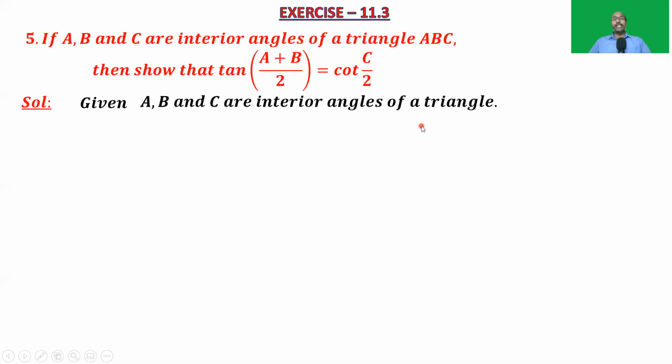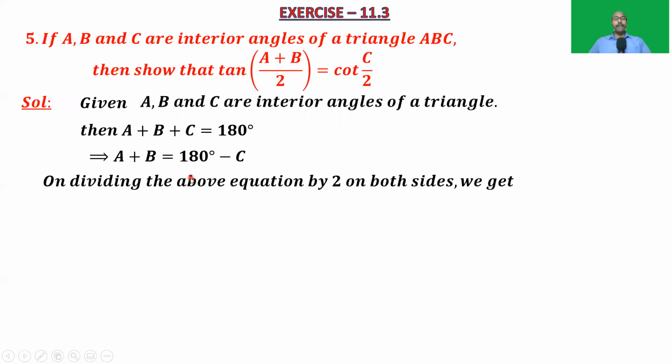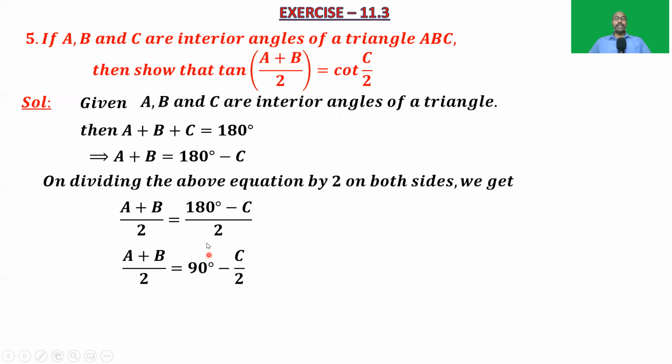As A, B and C are angles of a triangle, we have angle A plus angle B plus angle C is equal to 180 degrees. From this, we can write A plus B is equal to 180 degrees minus C. And dividing by 2, we get (A plus B) by 2 is equal to (180 degrees minus C) by 2. And from this, we can write (A plus B) by 2 is equal to 180 by 2, that is 90 degrees, minus C by 2.